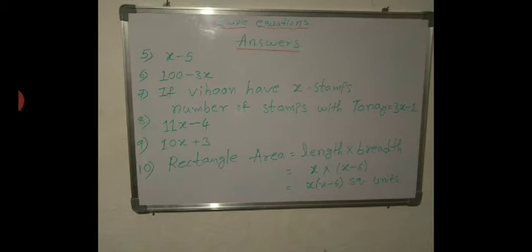Next, sixth one. Vikas purchased 3 pens each for x rupees. If he were to give a 100 rupee note to the shopkeeper, then find the amount he will get back. So he purchased 3 pens, each costs x rupees, total cost is 3x.